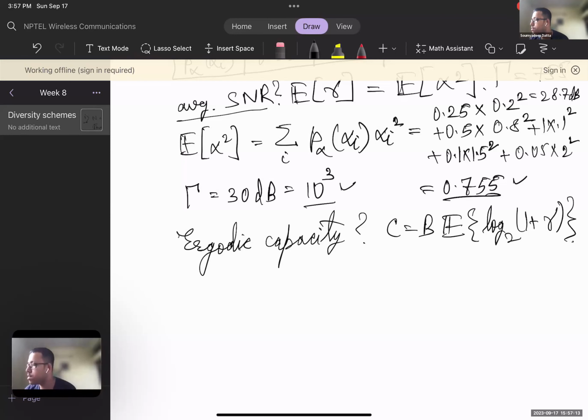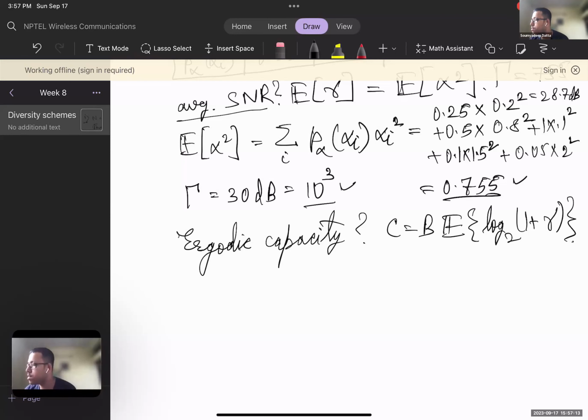So now what do I have to do? I just need to plug in the values of alpha i and p of alpha i over here. I think you can do that. Capital gamma I'll use in linear scale, which is 10 to the power 3. This will be, again, a simple calculation. I'm not repeating it, but I hope you can follow.